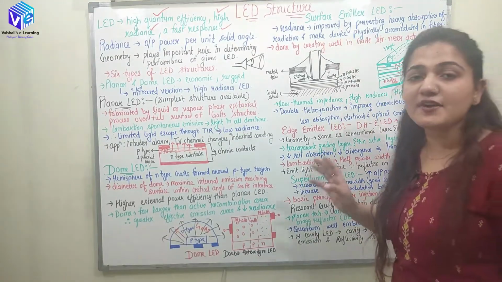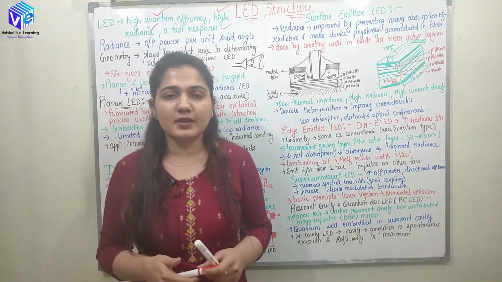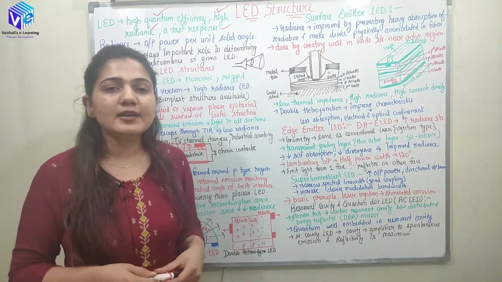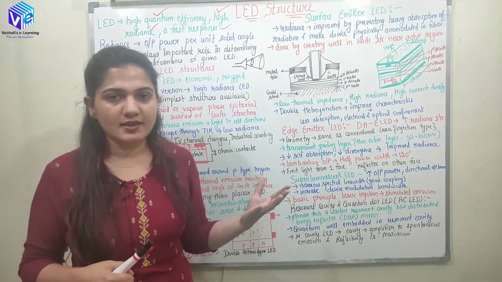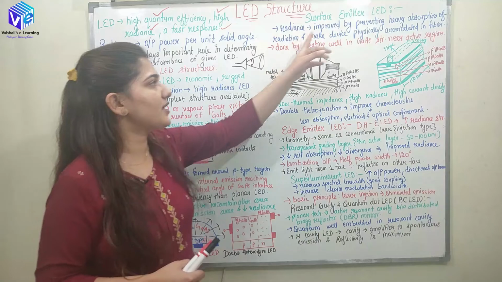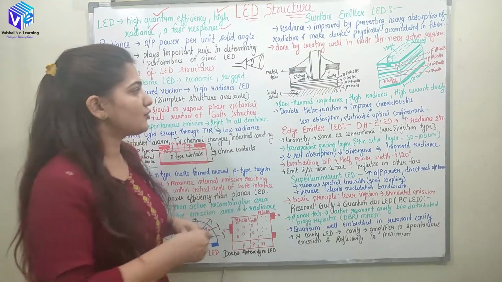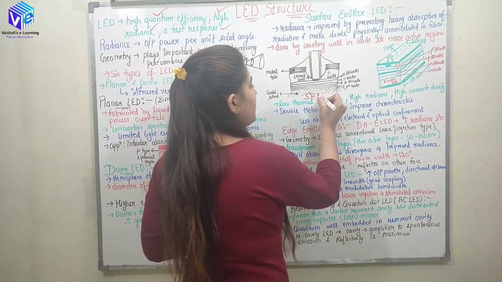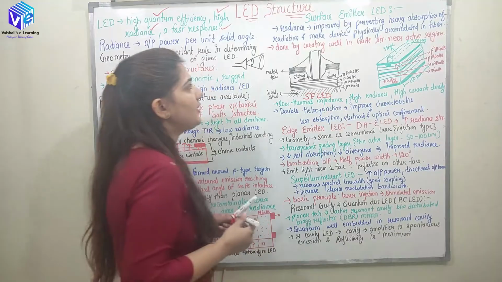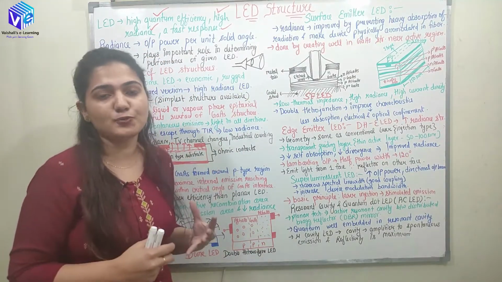Then we have the surface emitter LED. What do you get from the name? That the LED is giving the photons from the surface. Right, this is true. So the surface emitter LED is radiating from the surface. So this is how I will be having the surface emitter LED. Now the radiance is improved here by preventing the absorptions.